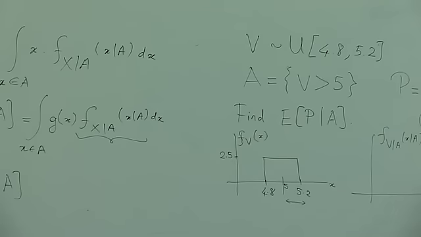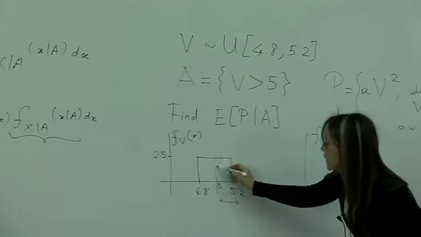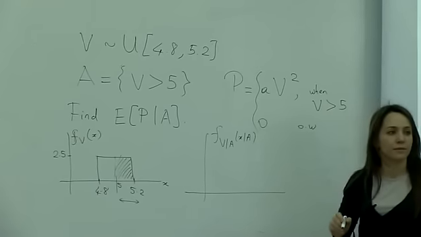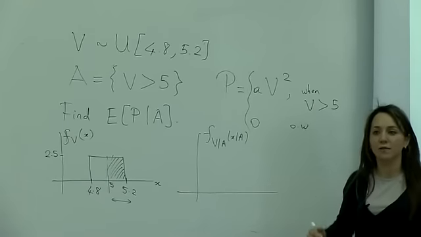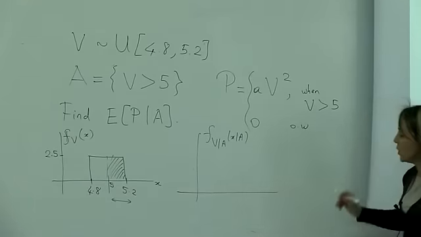Trivially, it's 1/2, because the probability of A is exactly this area, which is exactly half of the total area under the PDF.